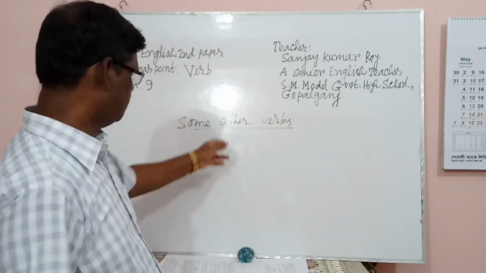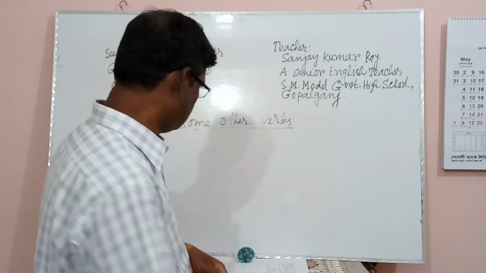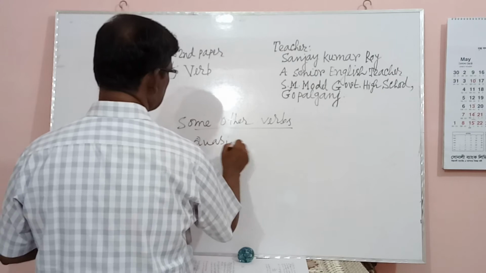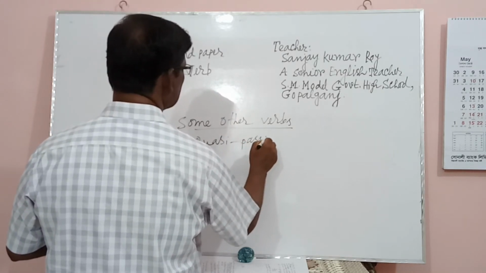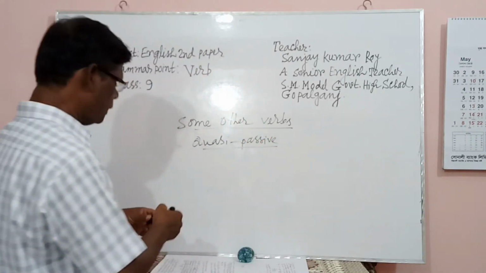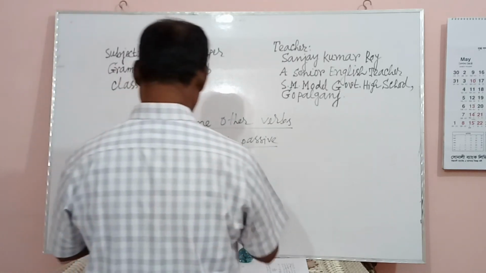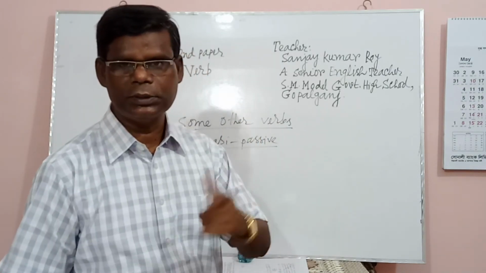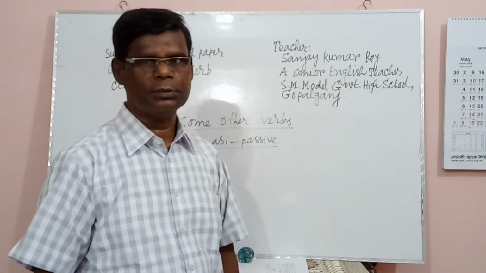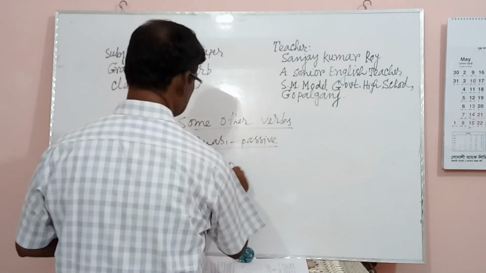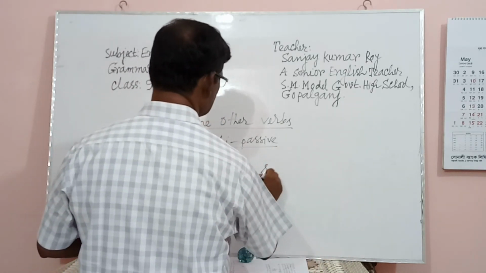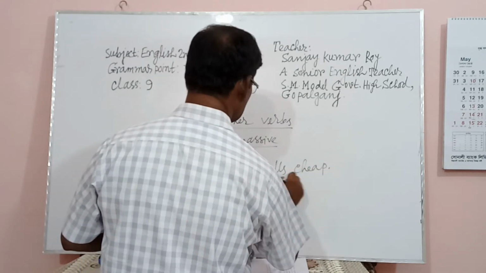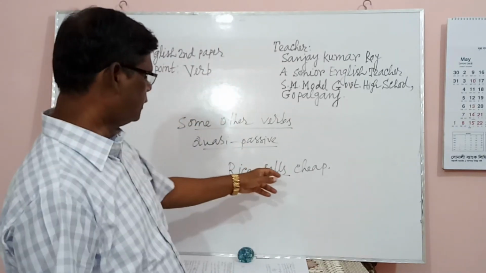Now we will learn some other verbs. Quasi-passive verb: the verb which is active in form but passive in sense is called quasi-passive verb. Rice sells.